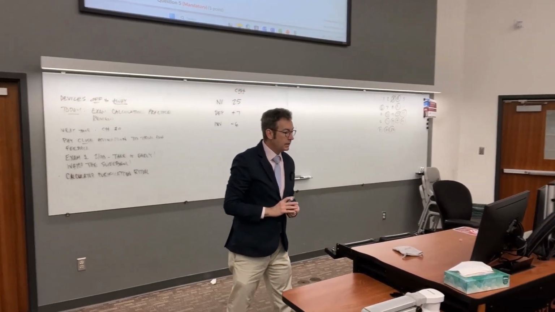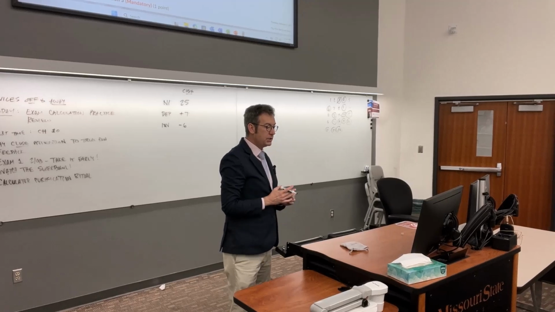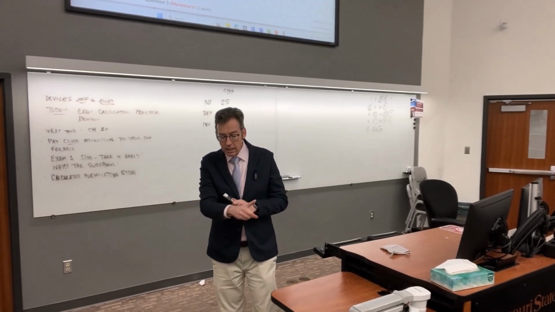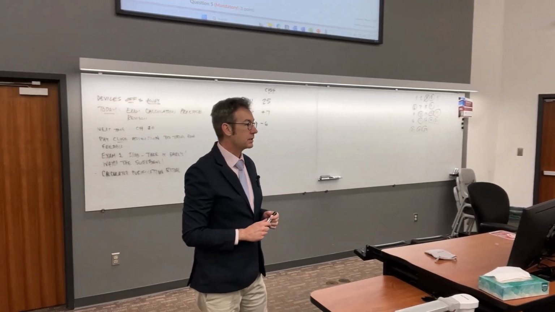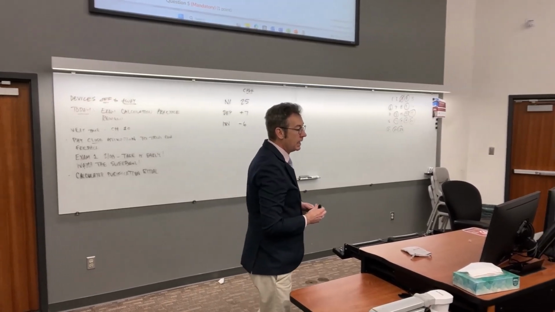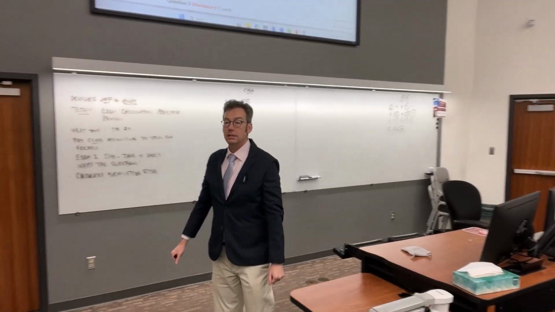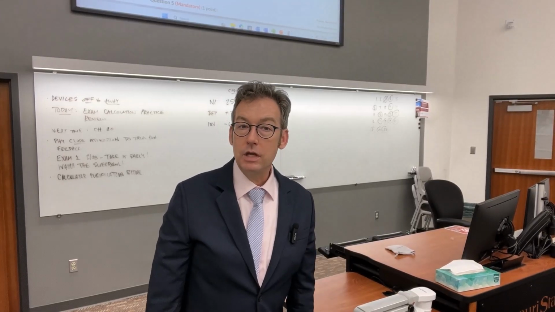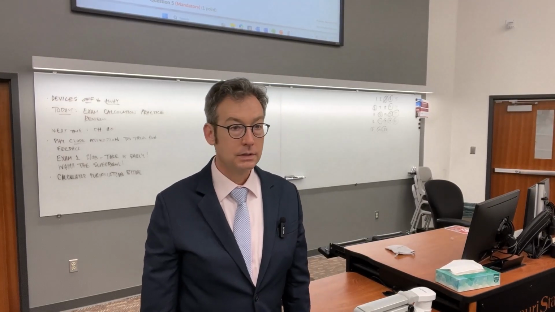Okay, let's see. Accrued wages and taxes. Is it an asset or a liability if it says accrued wages and taxes? Liability. Now, here's the fun thing about liabilities. Liabilities and cash go in the same direction. I'll demonstrate for you. If you borrow $10 from a friend, what happens to the amount of cash in your pocket?